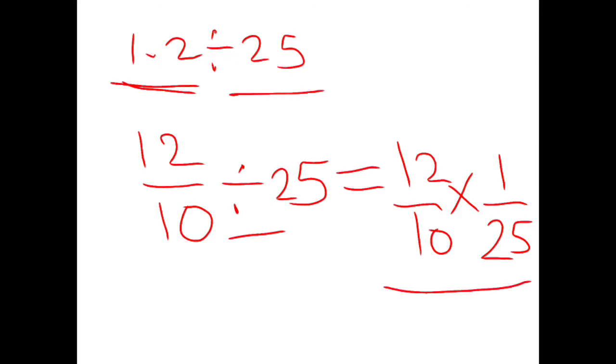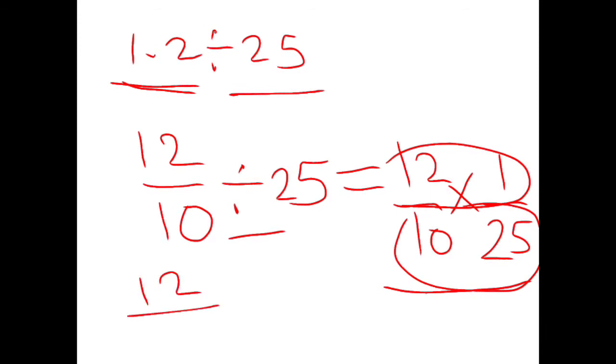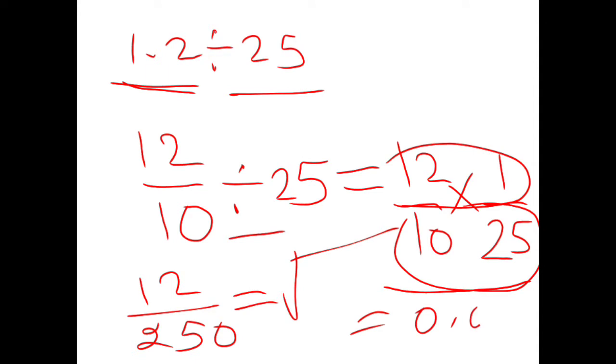After that you can simply multiply the numerator with numerator and denominator with denominator. That become 12 divided by 250. Here you can furthermore solve using the division method. So what you got as the answer? The same 0.048. Okay. So both methods are there. As you wish, you can apply anyone.